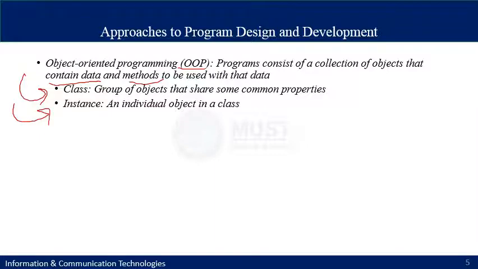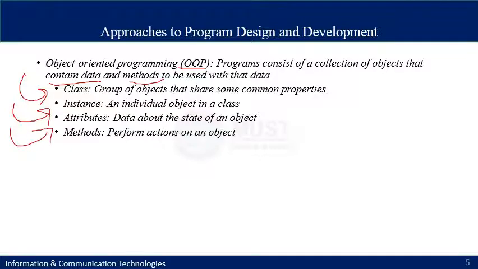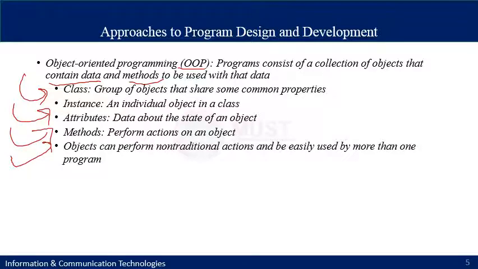Another element is the object or the instance, which is an individual object of that class. A class may have some attributes, which are represented by the data about the state of that object. A class is responsible for having some methods to perform actions on those objects, and objects can perform non-traditional actions and can easily be used by more than one program.